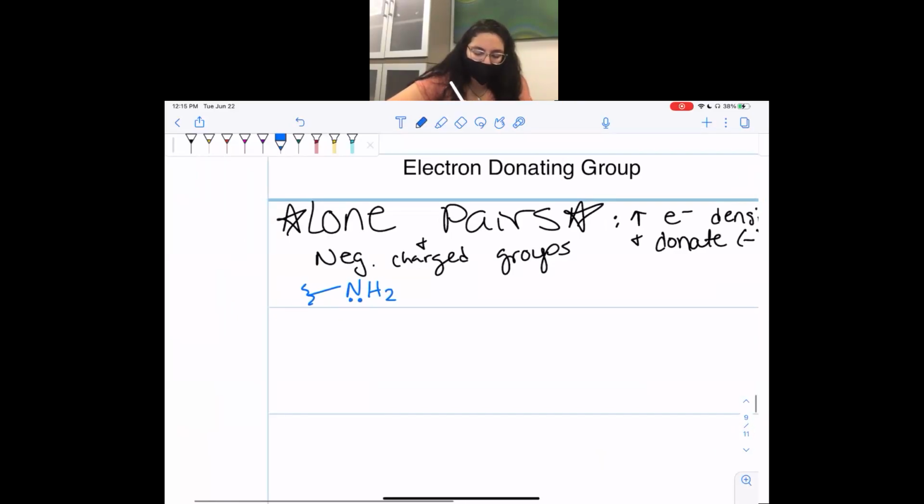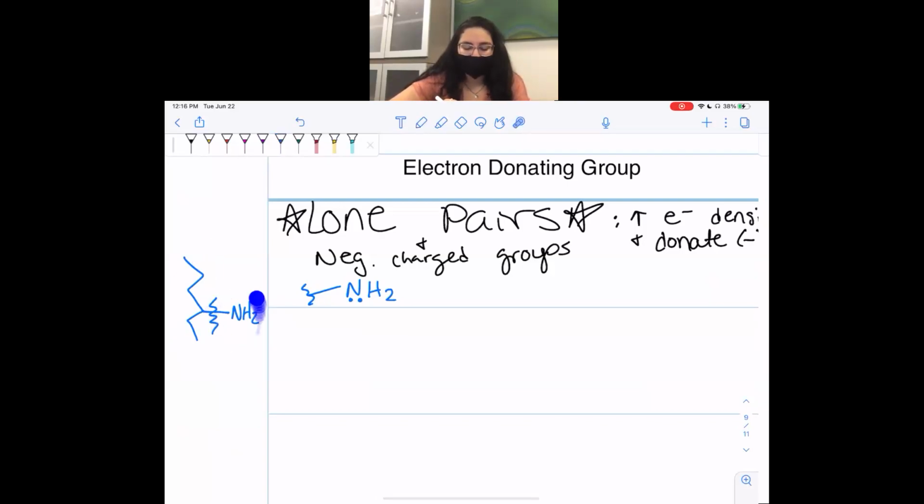So let's say this is my chain. This is my NH2. If we're only talking about the substituent, we would basically just do a squiggle here to tell you we don't care what the chain is, but this is attaching to the chain. It's just one of those things that they show you a bunch, but they don't really tell you what it means, so that's what I'm here for.